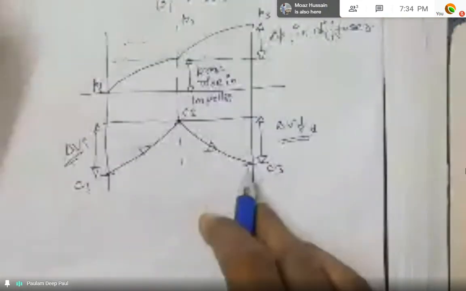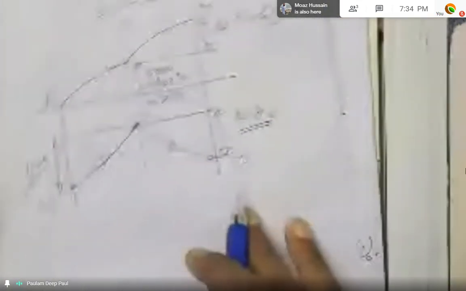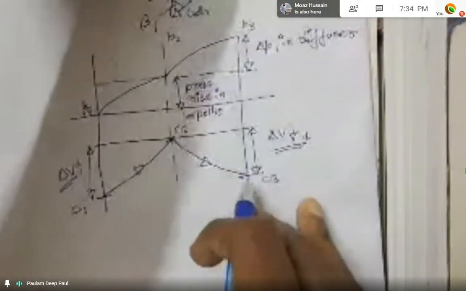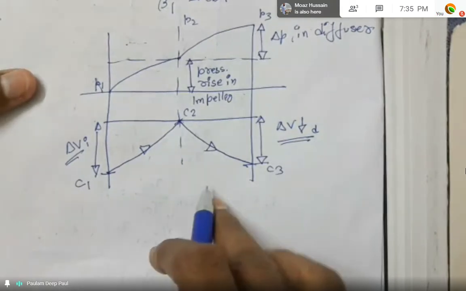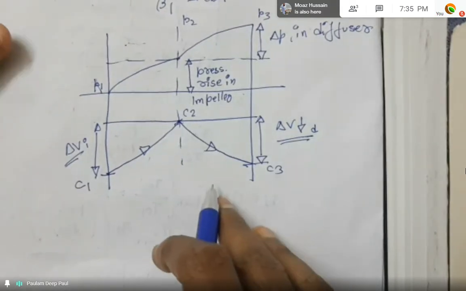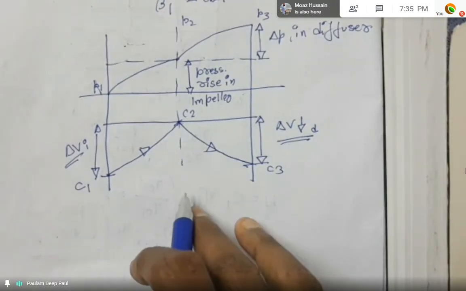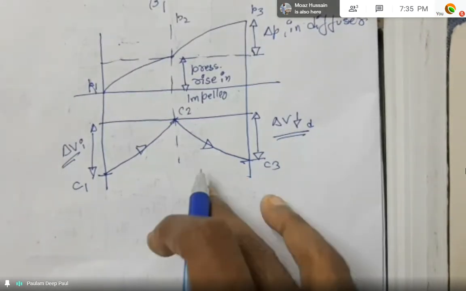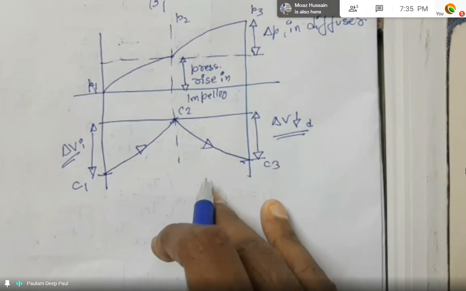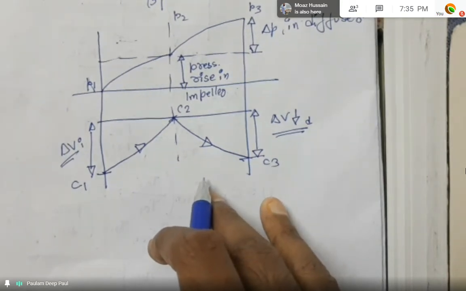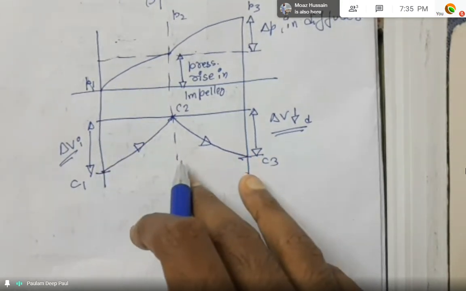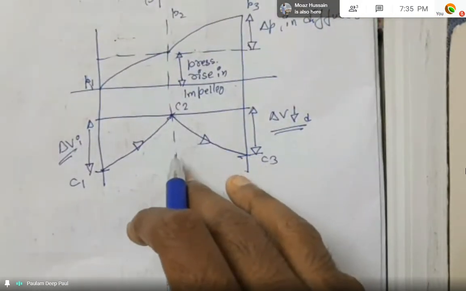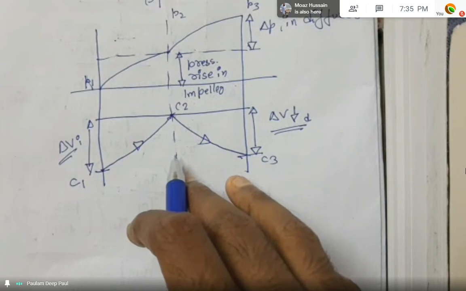So C3 and C1 can be of the same value, or C3 can be lower, or a little higher than C1, depending on the problem you're solving. But we need to make sure of one thing, that the formation of cavitation is to be avoided. You don't need to know that here, because that is totally out of scope for the pumps and everything. But yeah, you need to take care of this small thing.